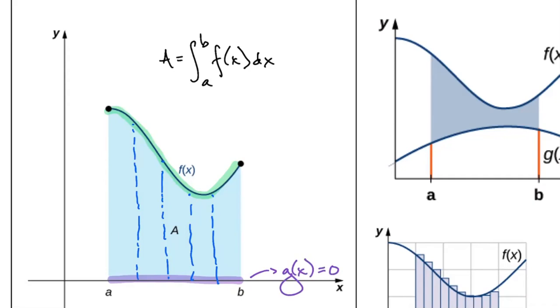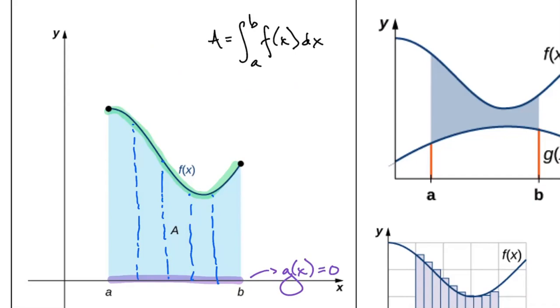So we have this f of x, we have this g of x, but it turns out this whole time I've been keeping a secret from you. The secret is that yes, we've been finding that integral and getting the area, but what you've actually been doing is the integral from a to b of f of x minus 0.